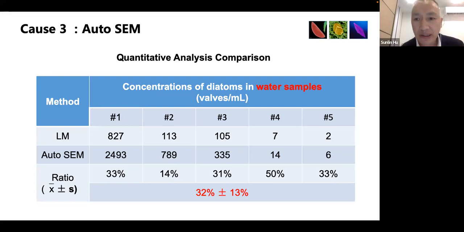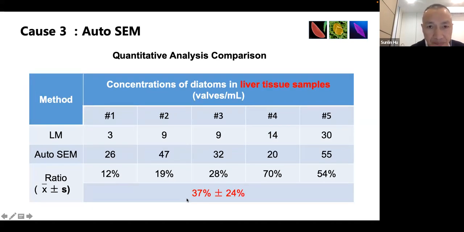This is for concentrations of diatoms in water samples, and the average ratio is 32%. And this is for concentrations of diatoms in liver tissue samples. The average ratio is 37%.